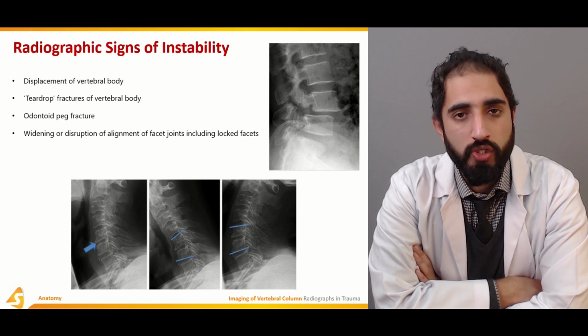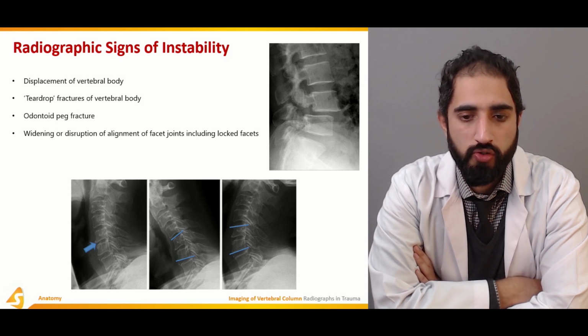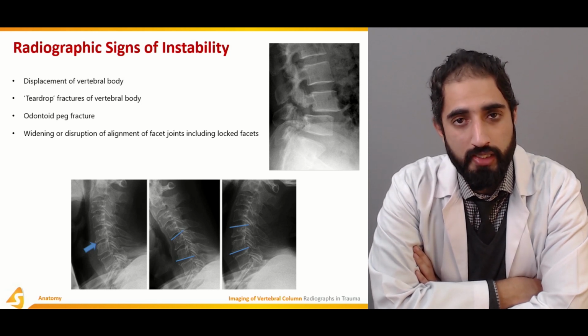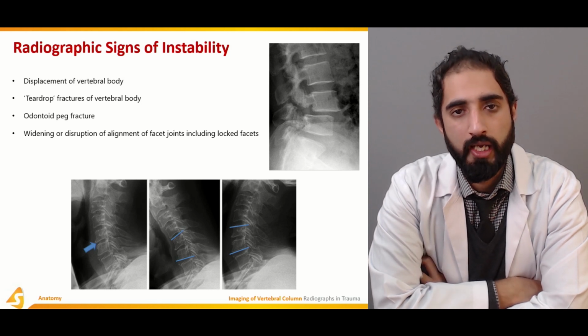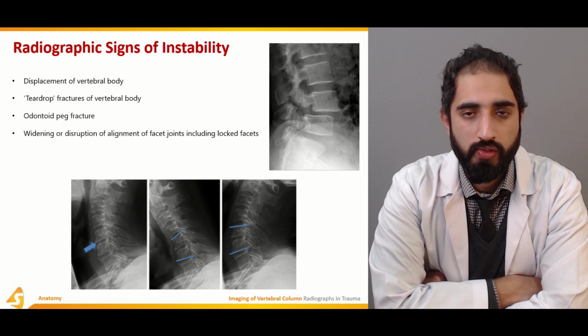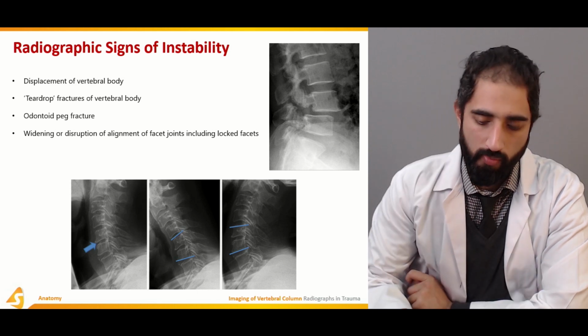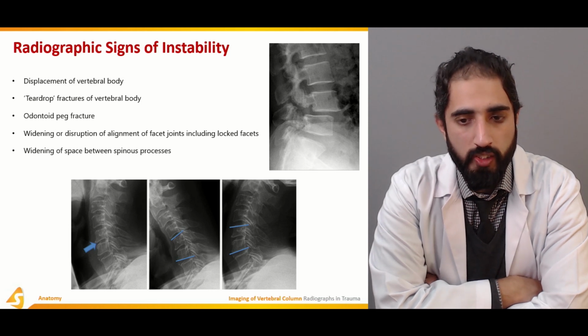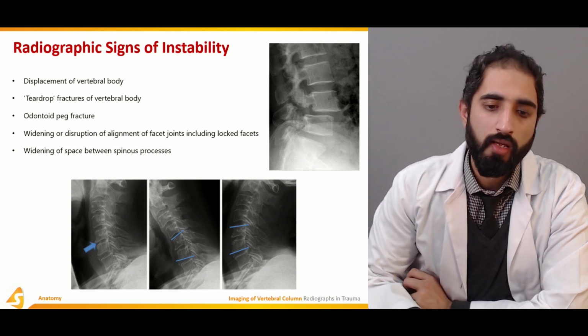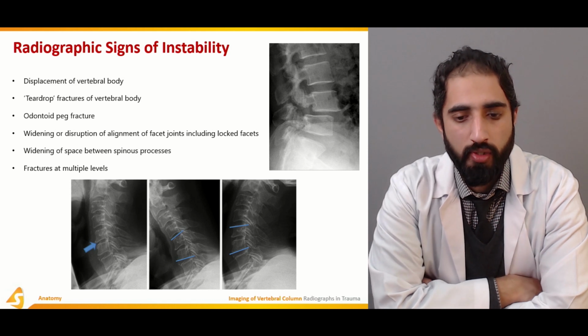Also widening or disruption of the alignment of facet joints, including locked facets, which can be observed very well in the oblique view X-ray of the cervical spine, and widening of space between the spinous processes, and fractures at multiple levels.